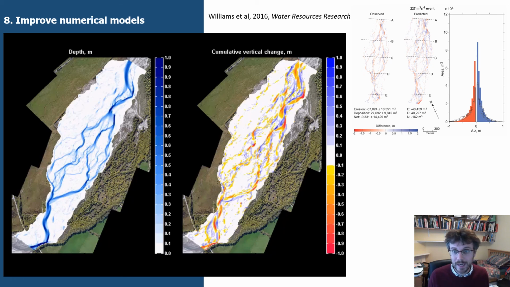In order to calibrate and verify morphodynamic models like this, sediment budgets can be used to compare model predictions in terms of their patterns of topographic change and their overall sediment budgets to predictions.